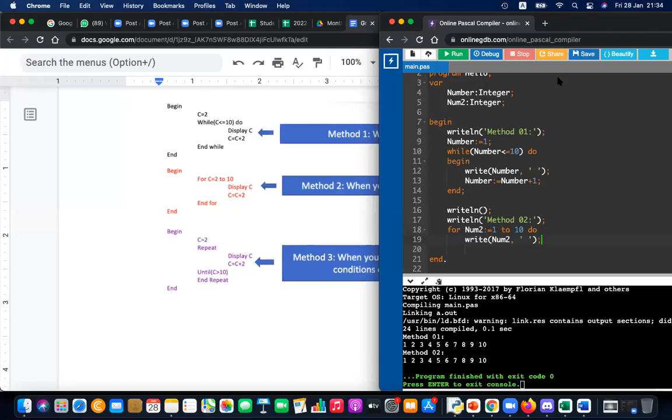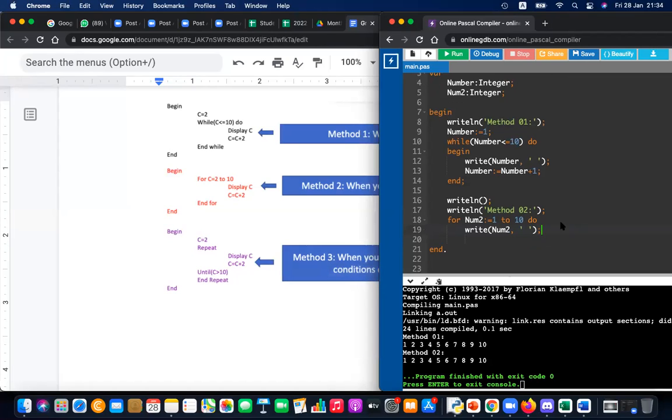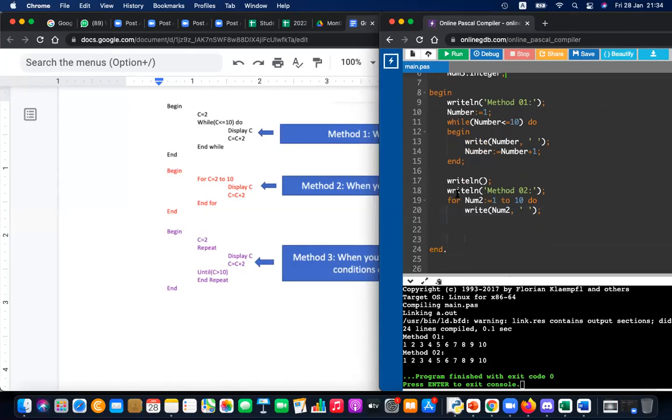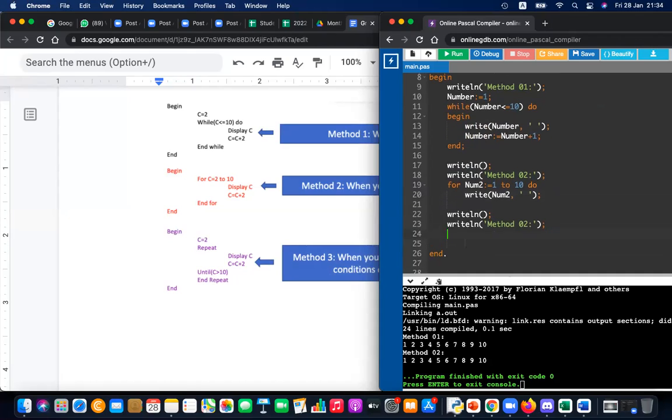So time to learn the third one also. Third one, I said that it's like jumping into the river before checking whether you can swim or not. So that means you are immediately starting without checking any condition. Let's say num3 is integer, and I'm going to use that for the third one. The method number 3 comes here. Let's copy and paste the same. So you can say num3 equal 1.